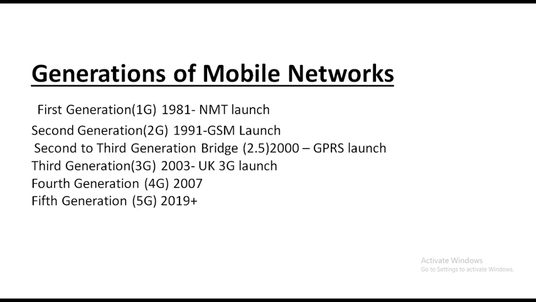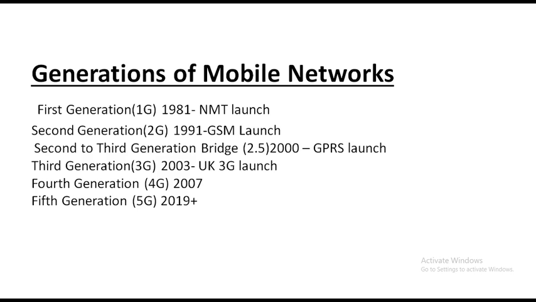With the help of this 3G technology, 80% population coverage was achieved by 31st December 2007. And nowadays we are enjoying fourth generation technology, 4G, which was introduced from 2007 itself.